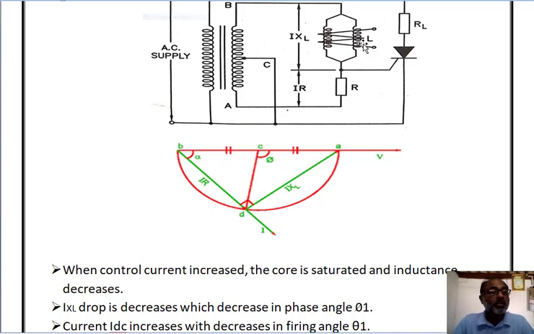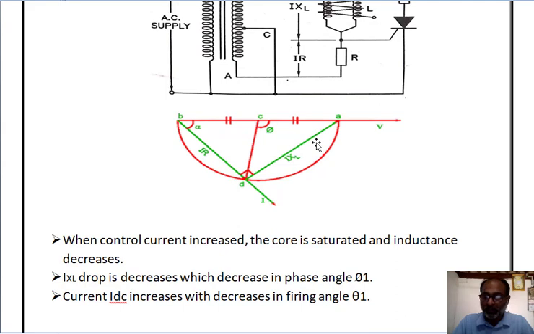As shown in this vector diagram, if the control current is increased, the core is saturated and the inductance is decreased.